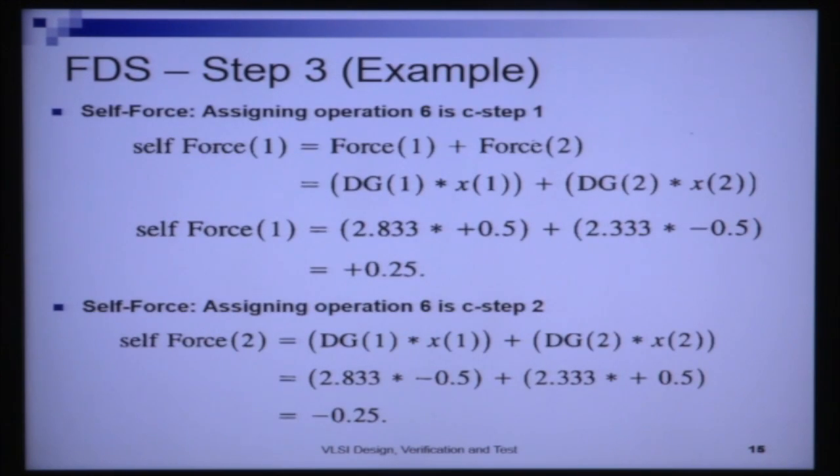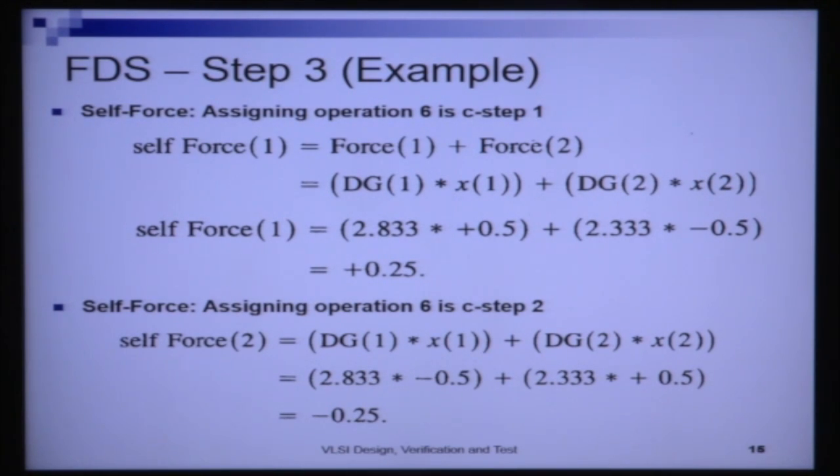So, dg2 is 2.33 and x2 is minus 0.5. Why? Because I have not scheduled that operation here, my probability is 0 now. What was my probability previously? It was 0.5. So, 0 minus 0.5 gives me minus 0.5.